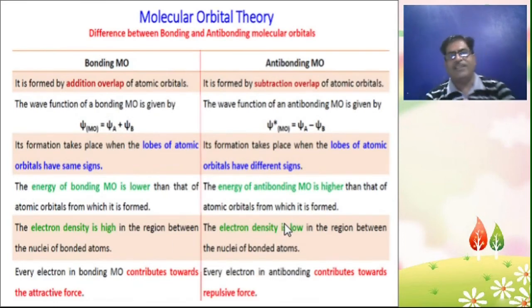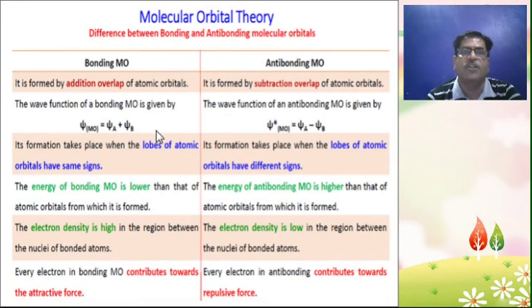Now let's see the difference between bonding and anti-bonding molecular orbitals, BMO and ABMO. First, a BMO is formed by addition overlap of atomic orbitals, while an ABMO is formed by subtraction overlap of atomic orbitals.